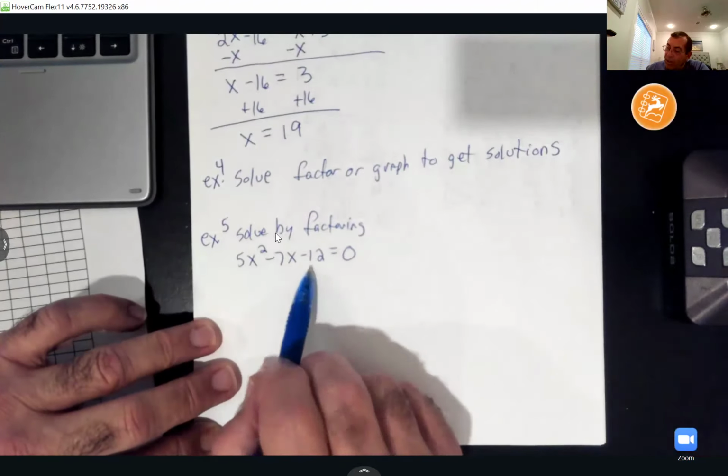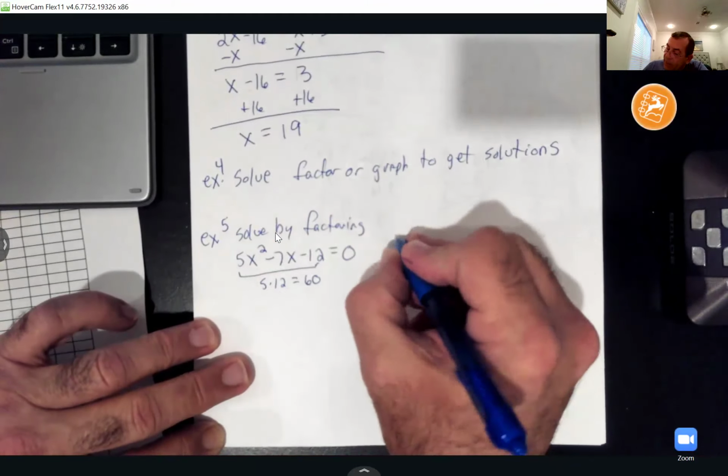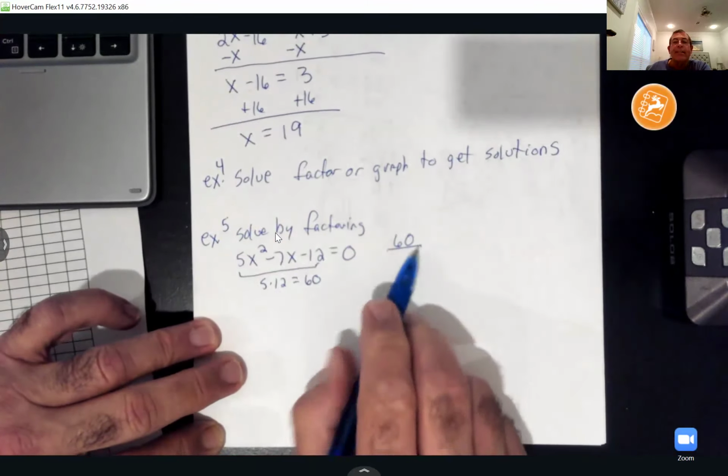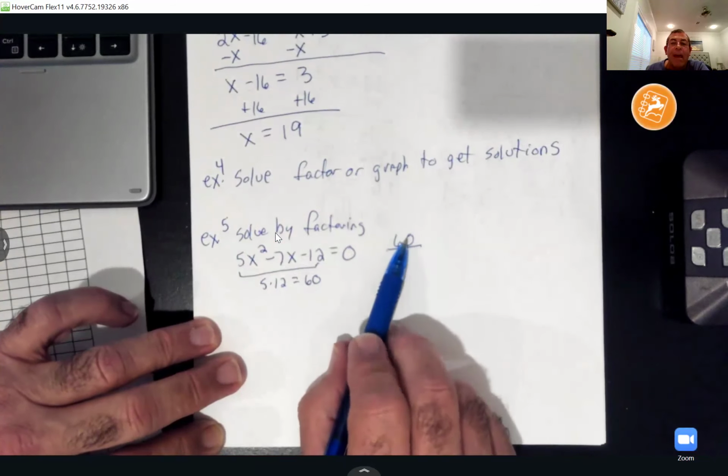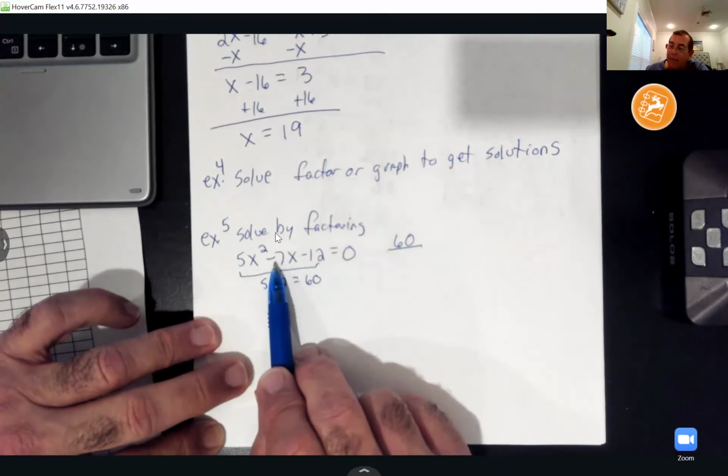So what I do on this one, I got to multiply the 5 times 12. That is a 60. Now, I don't even care about the sign, y'all. I just want that 60. So 60 is the number I find factors of. That'll subtract and give me 7. Okay? So since the number's in front, you got to multiply first before you find your factors.